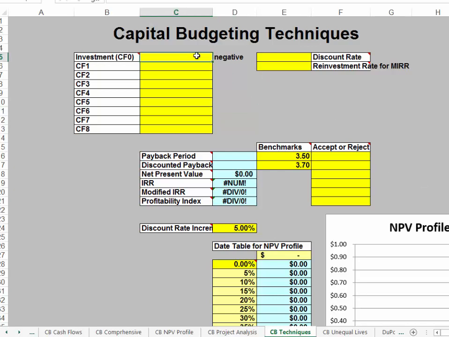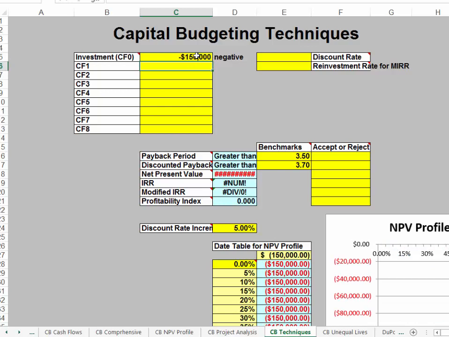And let's say for this particular project, we're going to spend $150,000 to buy the project. So where it says investment cash flow 1 or cash flow 0, you would put the value or the cost of the project. And then we would follow that with a series of cash flows.